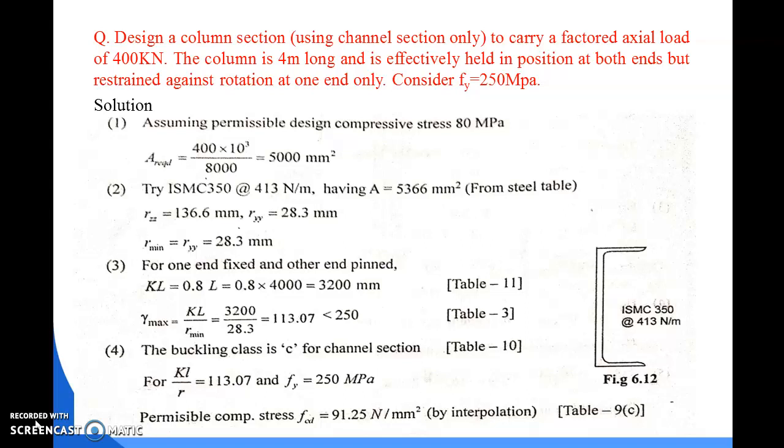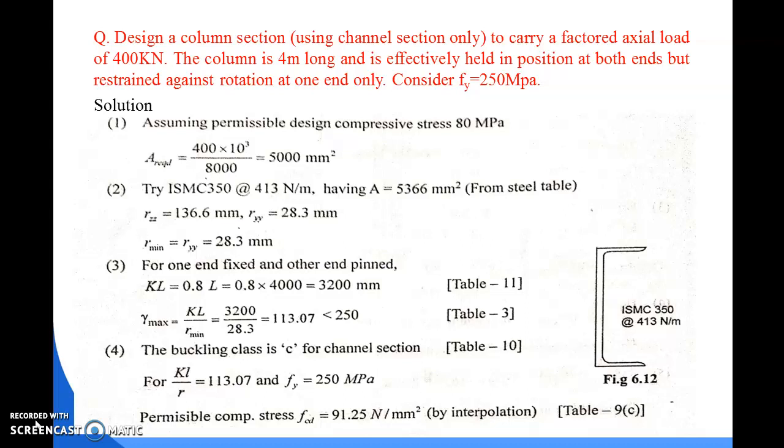From the steel table, we got the area provided in the channel section as 5366 mm square, and this area is for the ISMC 350, 413 Newton per meter section. After finding out the section type, we need to write the properties of this section, which is ISMC 350.